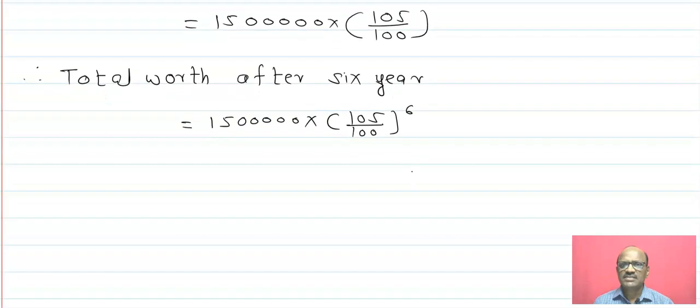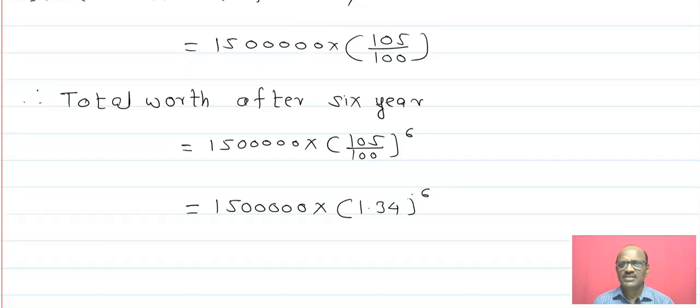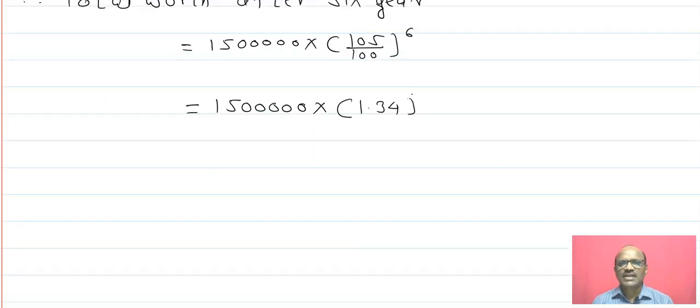after 6 years is equal to 15 lakhs into (105 upon 100) raised to 6. Now simple multiplication: (105 upon 100) raised to 6, its value is 1.34.